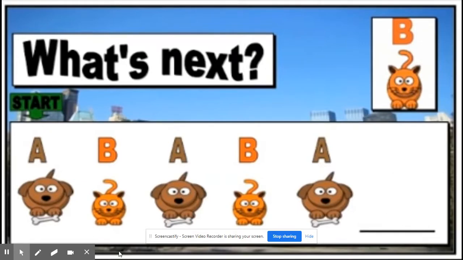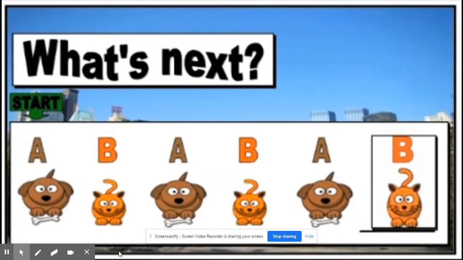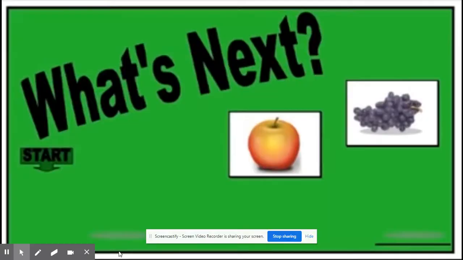Let's try the cat. And we have to start from the beginning. Woof. Meow. Woof. Meow. Woof. Meow. A, B, A, B, A, B. That's it. Very good. What's next?